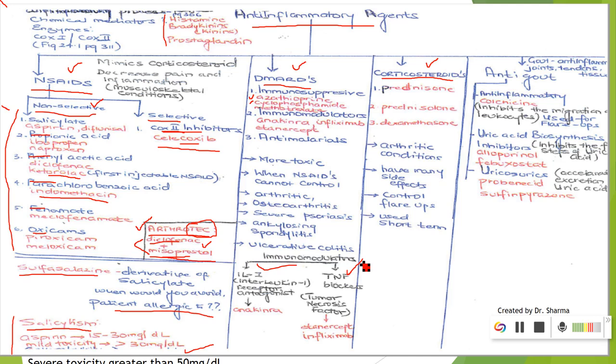These are very expensive, costing thousands of dollars. So it is very carefully thought about whether the patient is a potential candidate for this medication. That's something I would like you to keep in mind.